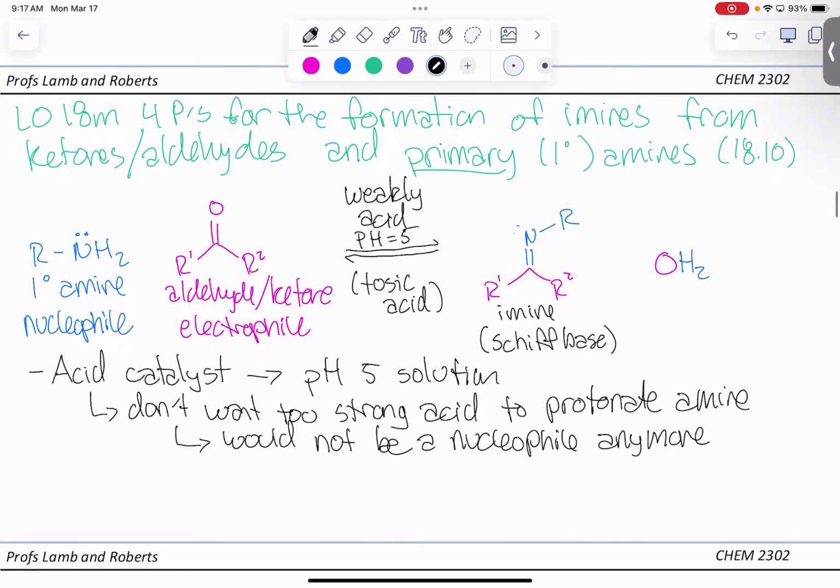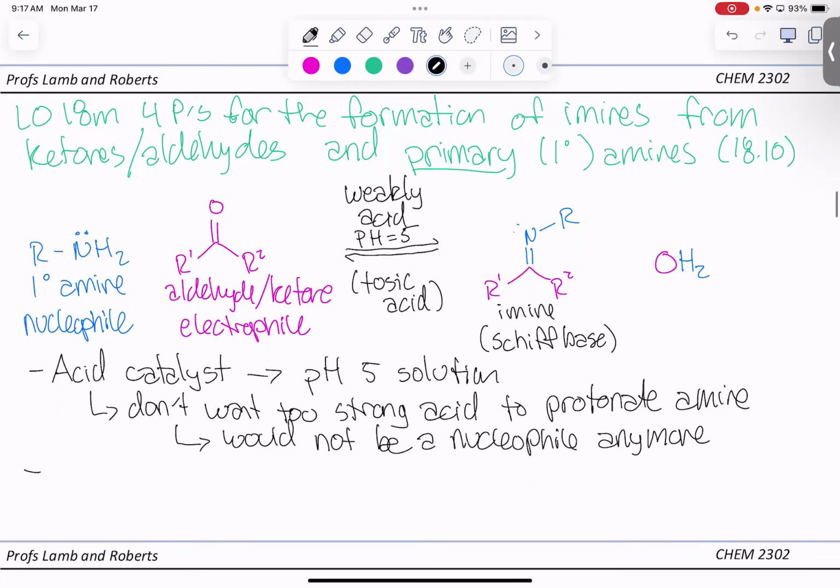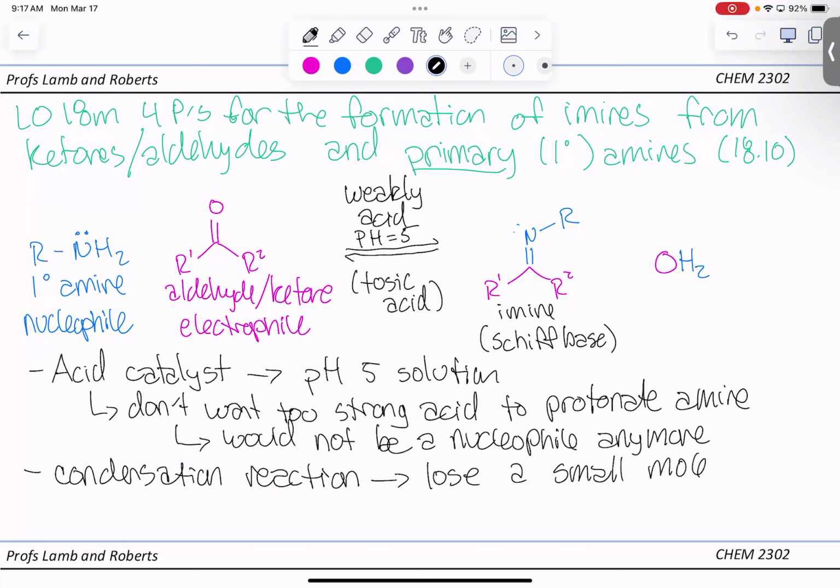So there's a class of reactions that this is. This is called a condensation reaction. A condensation reaction means that you lose a small molecule. We've seen condensation reactions before. In this case, it's water.